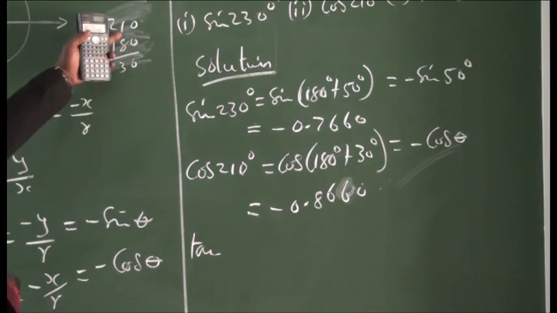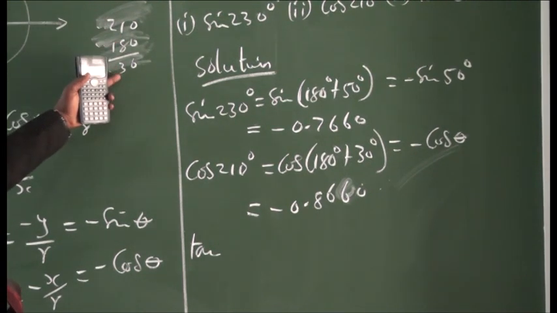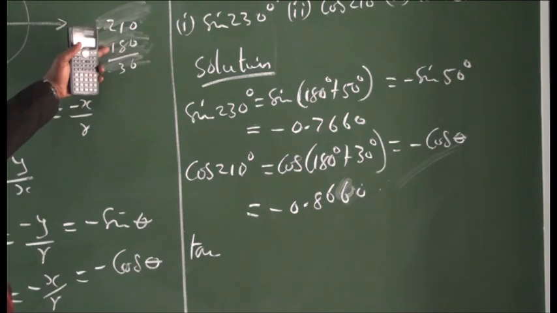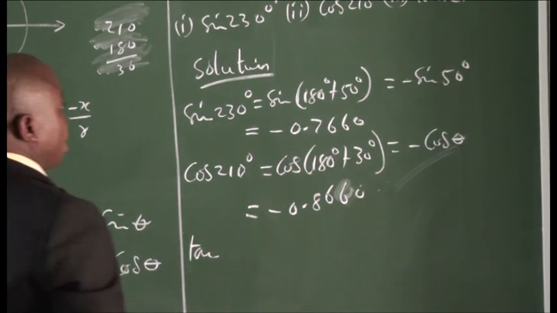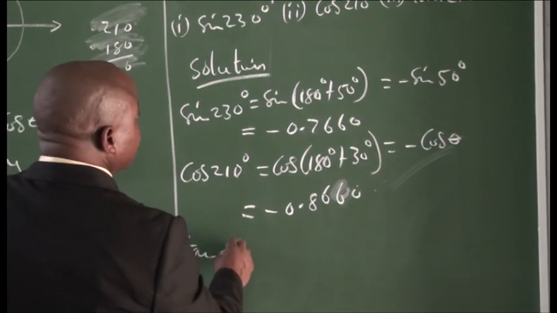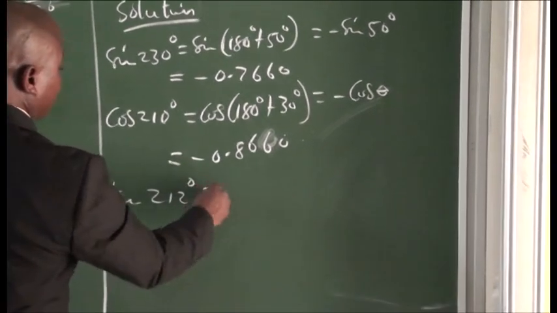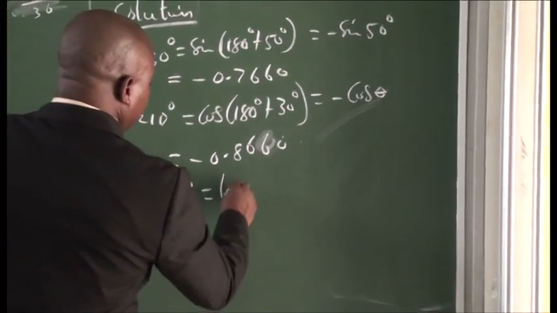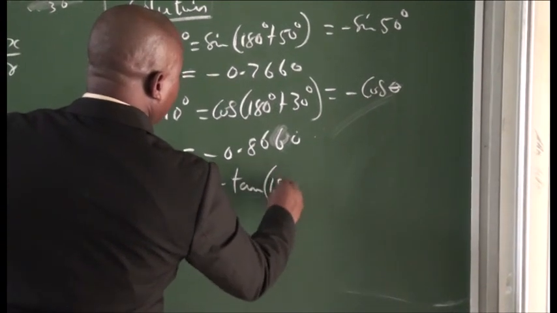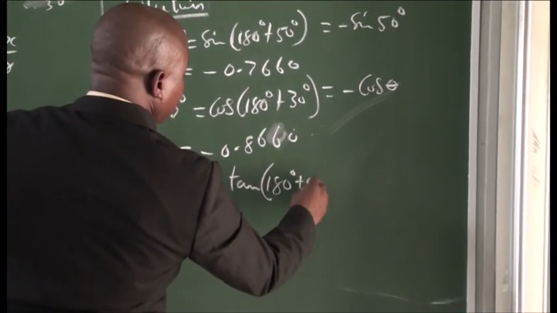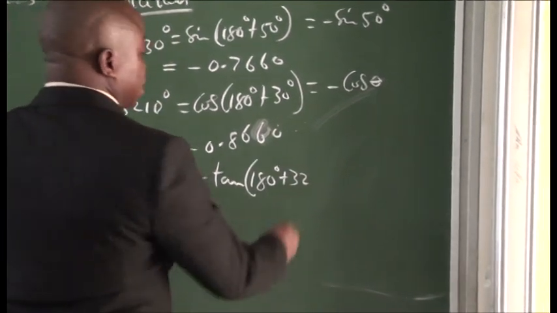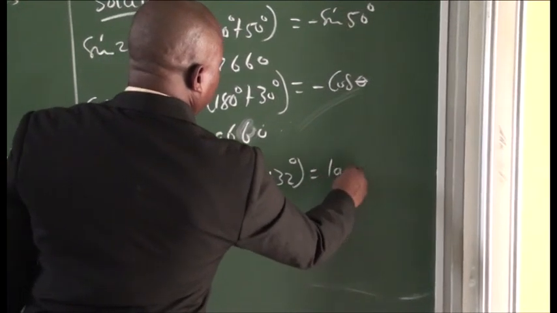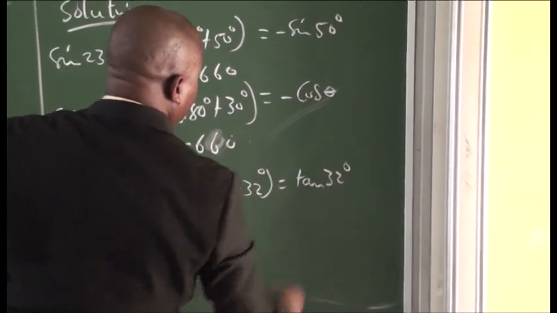So tan 212 is the same as tan 180 degrees plus 32 degrees, and that is equal to tan 32 degrees.